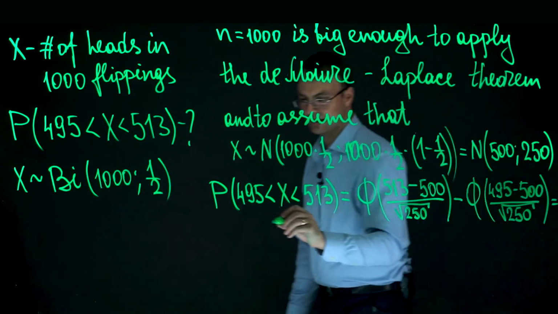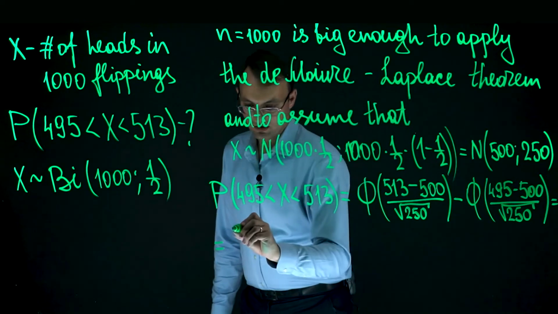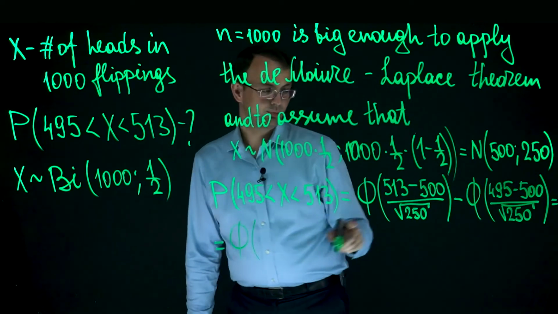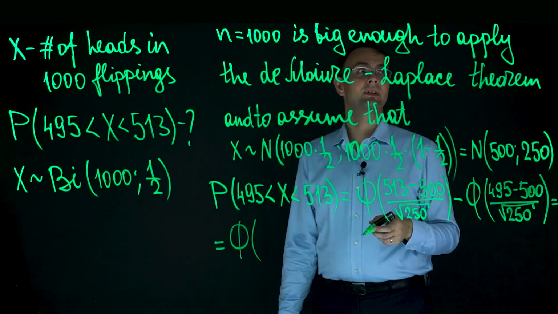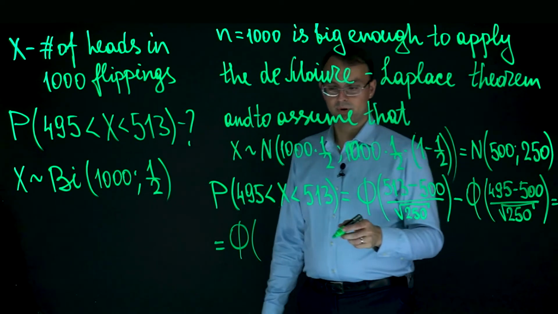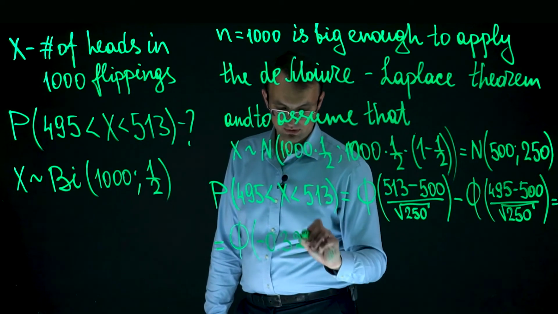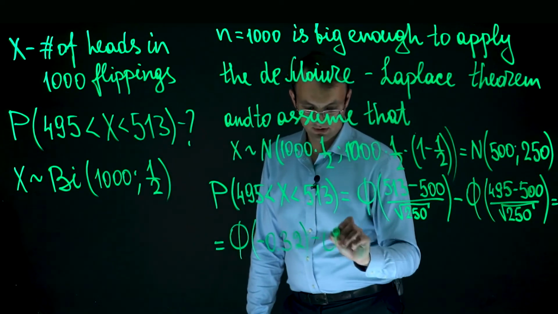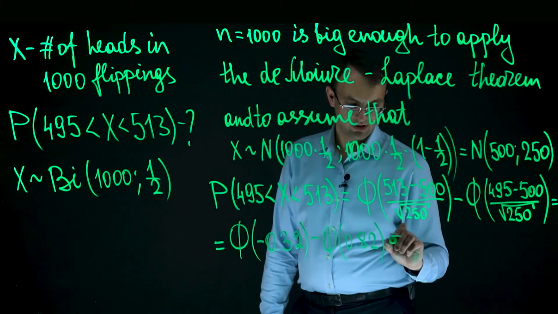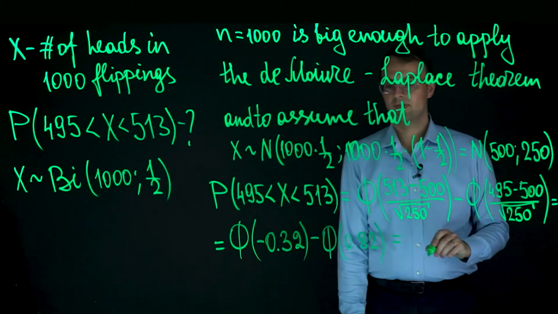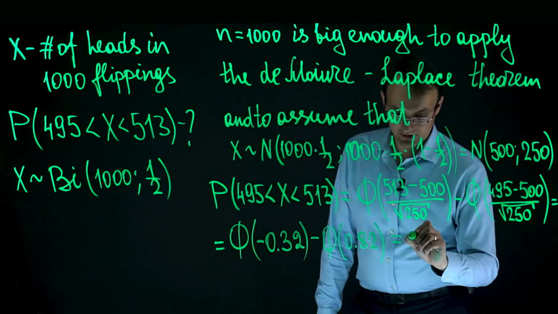If we simplify these numbers and express them as decimals, we get minus 0.32 and 0.82.